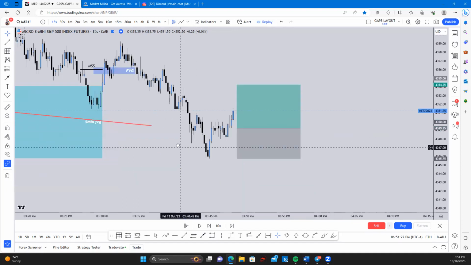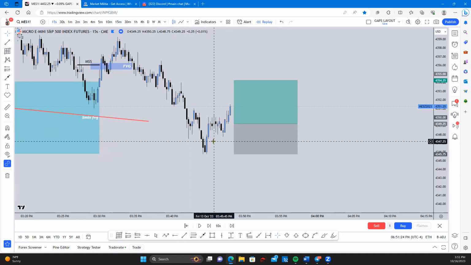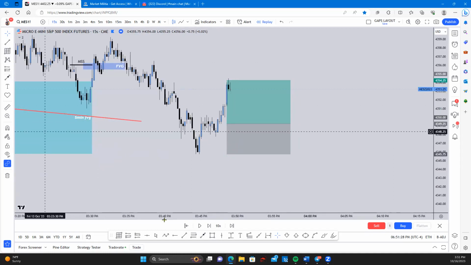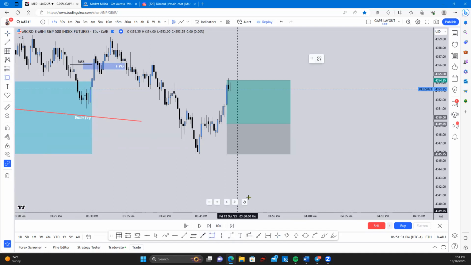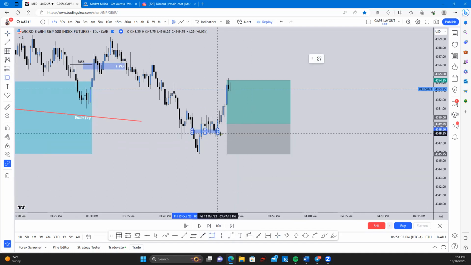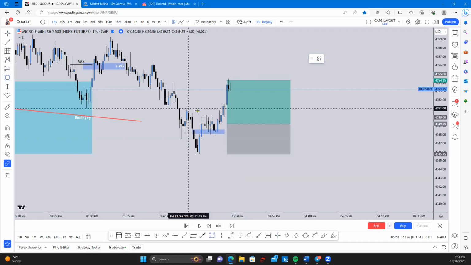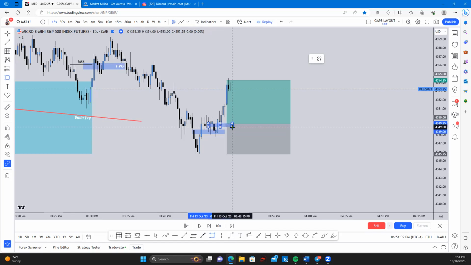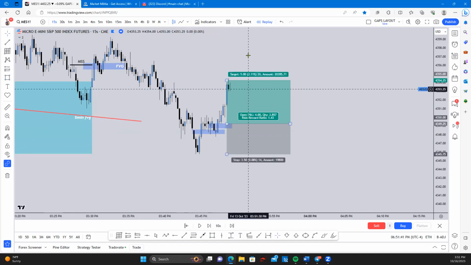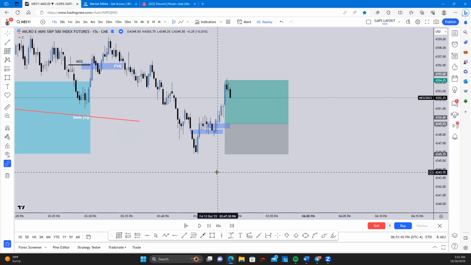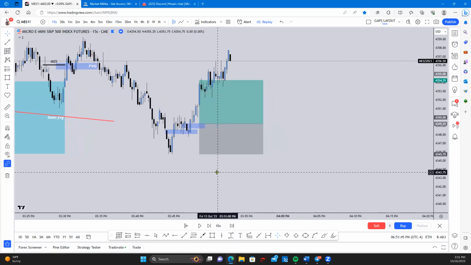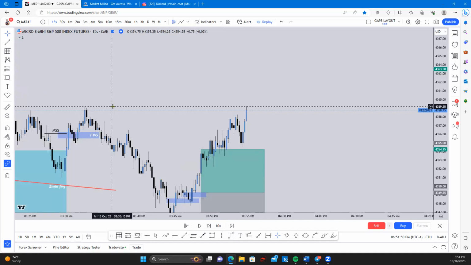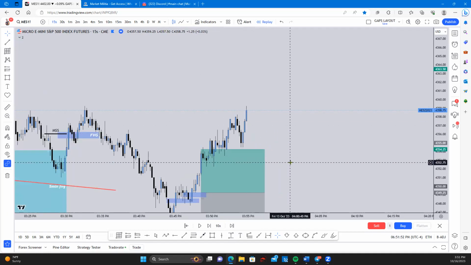Get your quick 5 points there. And boom. See how we had this bullish fair value gap in here, and then we had a tiny one right in here. Boom, boom. Take the highs again.